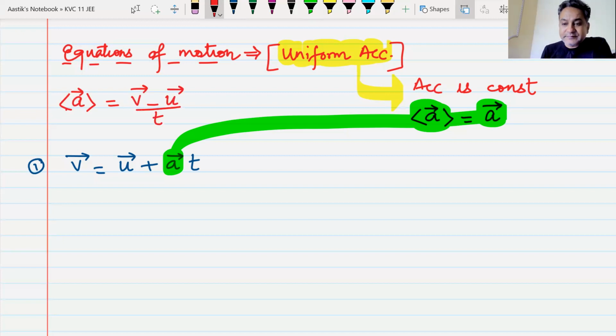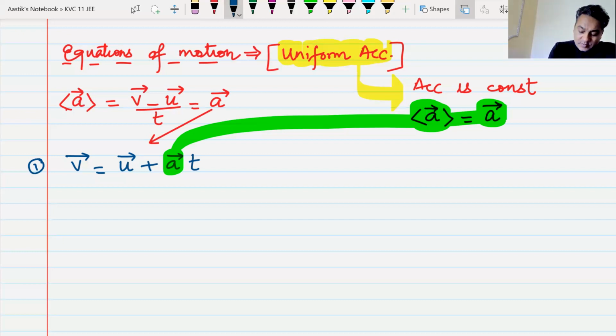Do we remember this? Yes or no? Now, if the acceleration is constant, my dear friends, this average acceleration can also be written as instantaneous acceleration. If I cross multiply and take u on the other side, this equation will give me this equation. Do we understand this? So basically here, acceleration is constant, therefore you can write this equation. We understand this, yes or no?